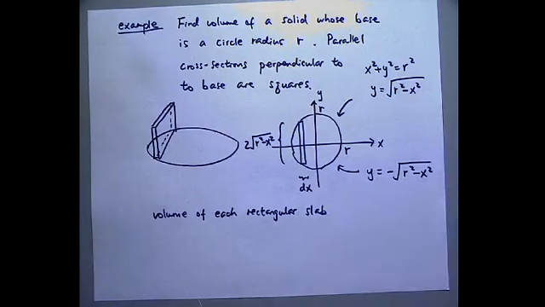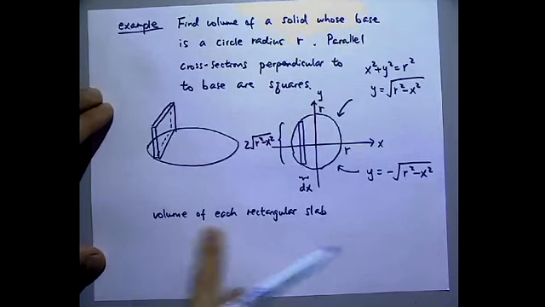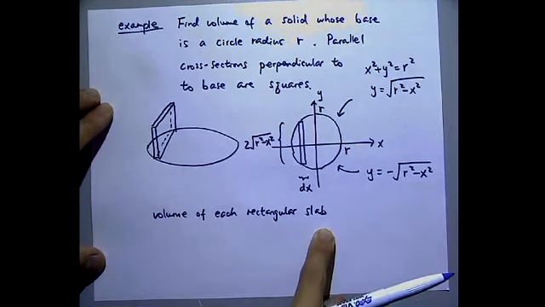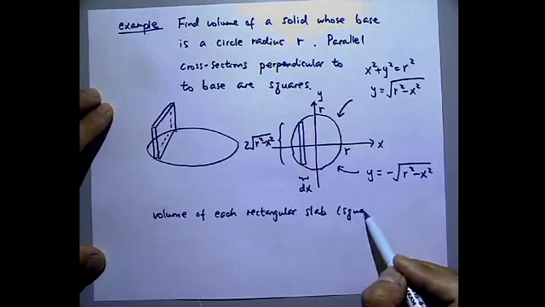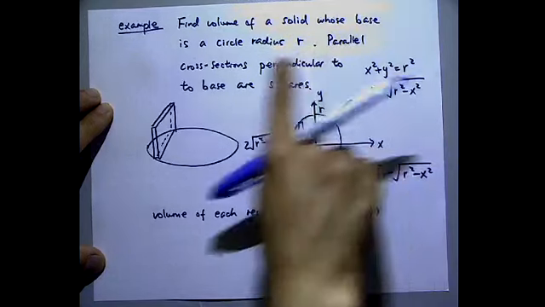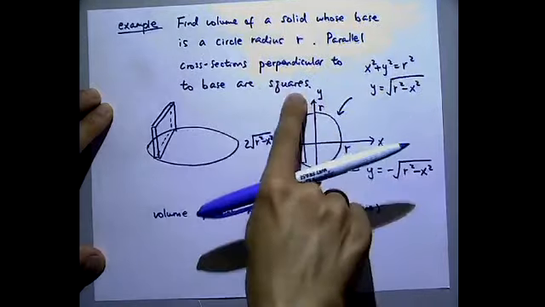Then the principle is exactly the same. We're not doing any revolution, but we're taking a slice, finding the volume of that slice, and then integrating from the left to the right to get the entire thing. The volume of each slab, by the way, we know this is a square because the problem said so. Squares.